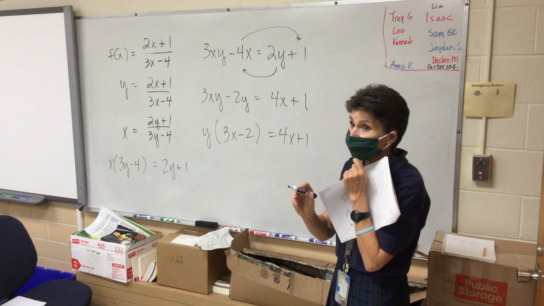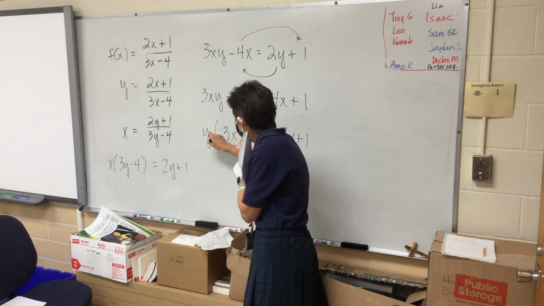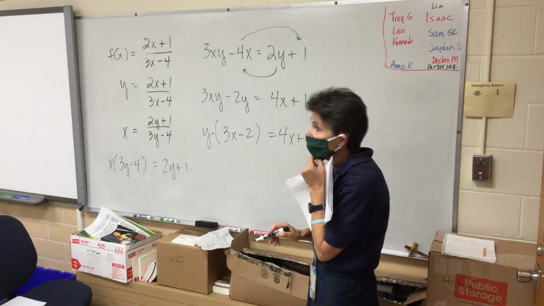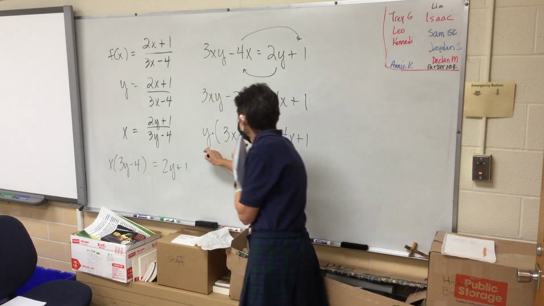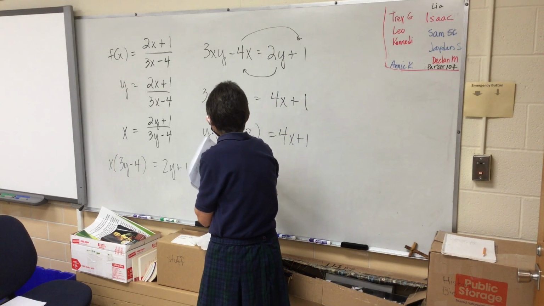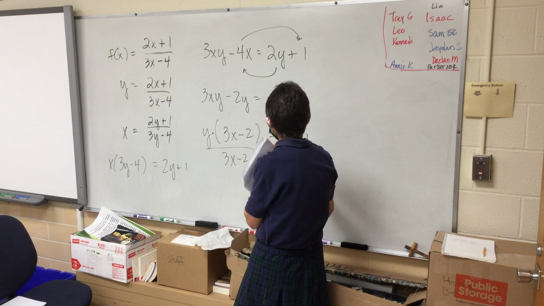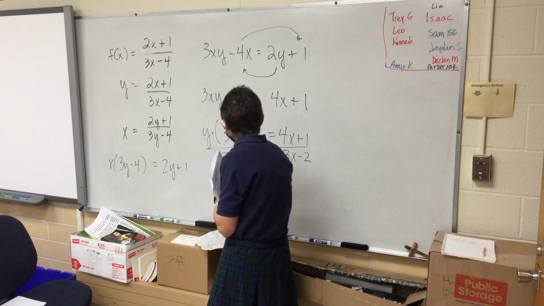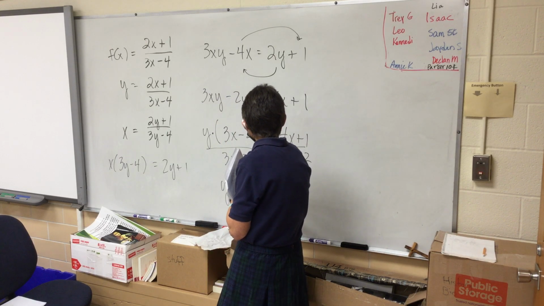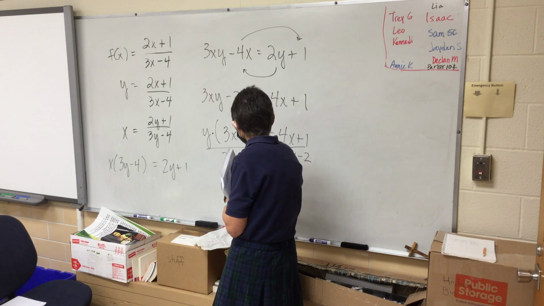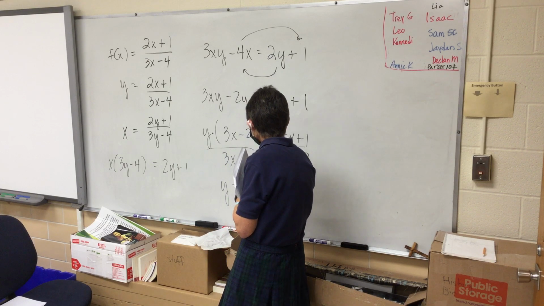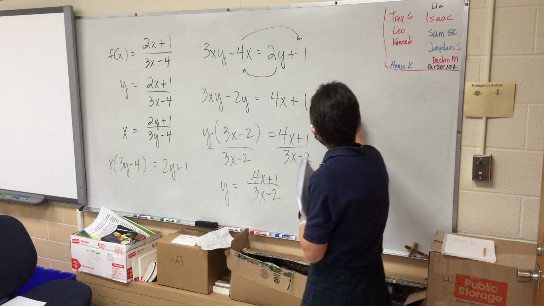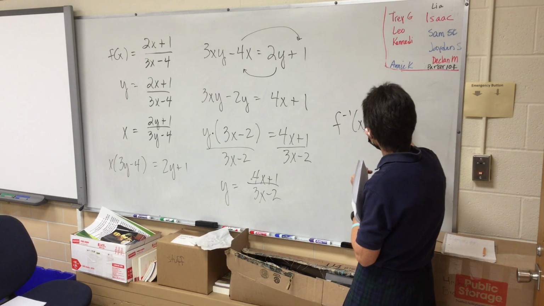I'm not subtracting, I would have to what? This is a times right here, so I'd have to divide. I'm going to divide both sides by 3x minus 2. So y equals 4x plus 1 over 3x minus 2. And that is my inverse.